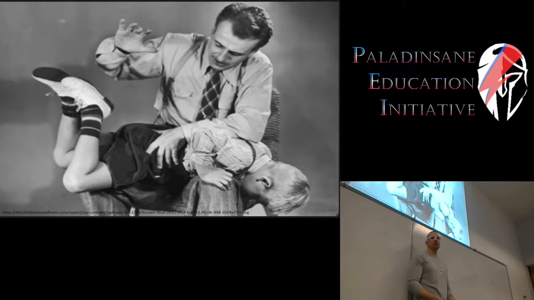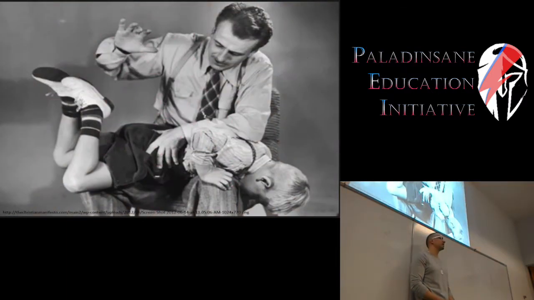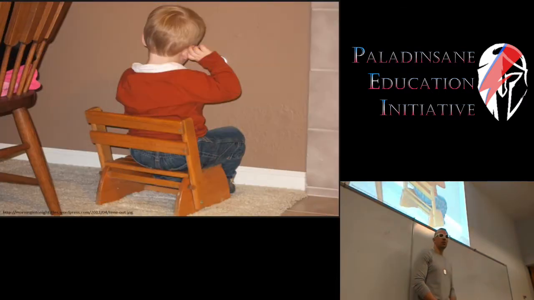Much more effective, with fewer side effects, is the timeout procedure. Whereas it used to be common practice that children would get spanked for transgressions, nowadays it's way more common that they're simply placed in timeout. You go to your timeout chair, you face the wall for however long is required, given your age and development.